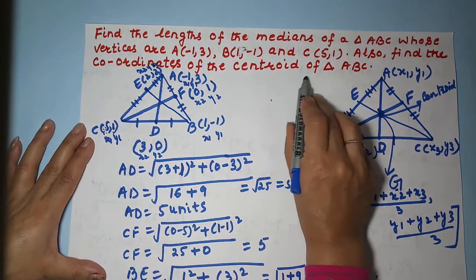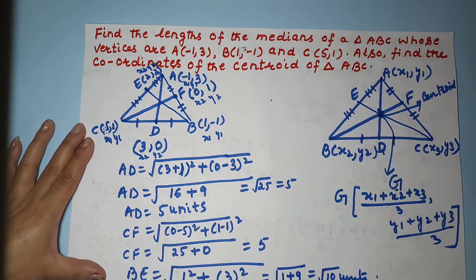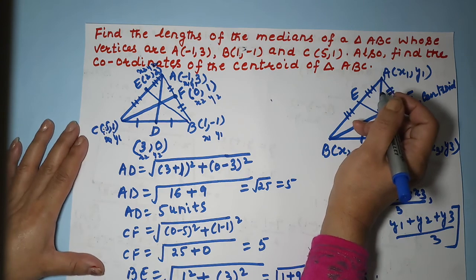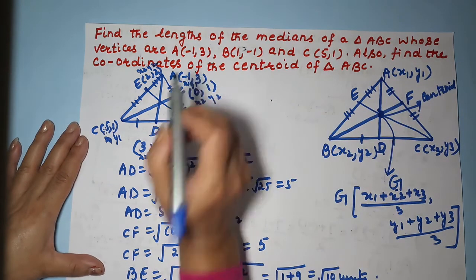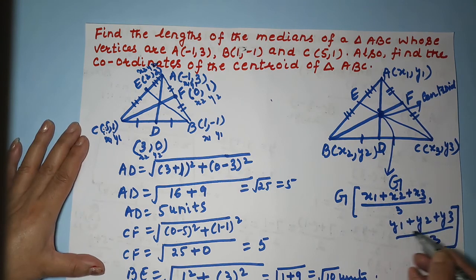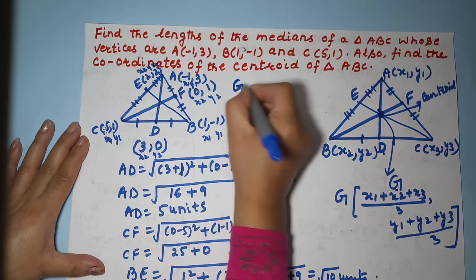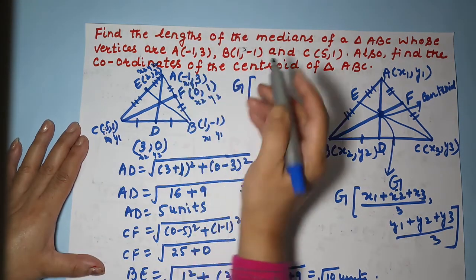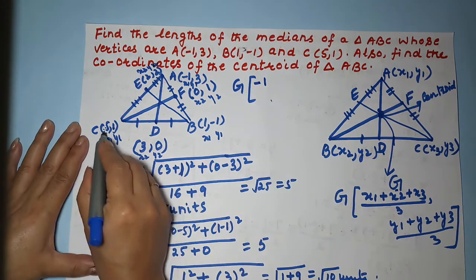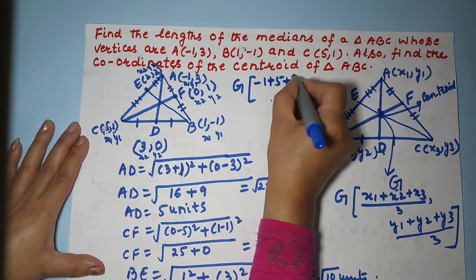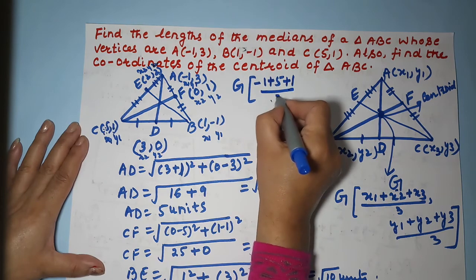Now he wants you to calculate the centroid of this triangle. How do we calculate the coordinates of the centroid? We calculate it as (x1 plus x2 plus x3) by 3, (y1 plus y2 plus y3) by 3. So what is my centroid here? x1 is -1, x2 is 5, x3 is 1, divided by 3.